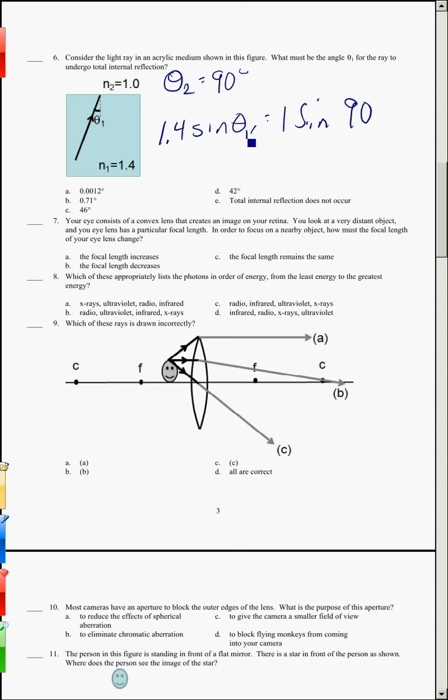And I solve for theta 1. And it's 1 divided by 1.4. And the inverse sine of that, I get 46 degrees. That's C.